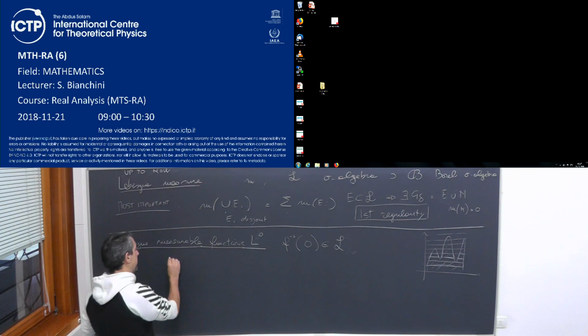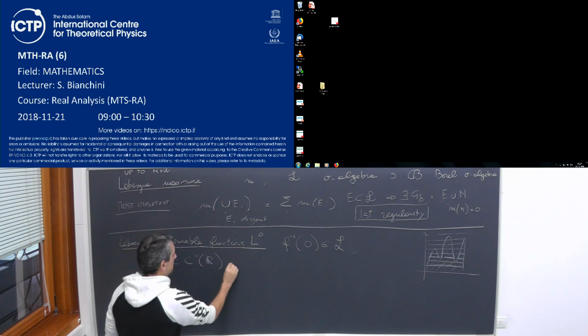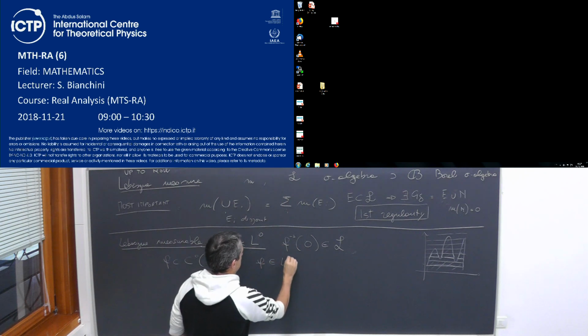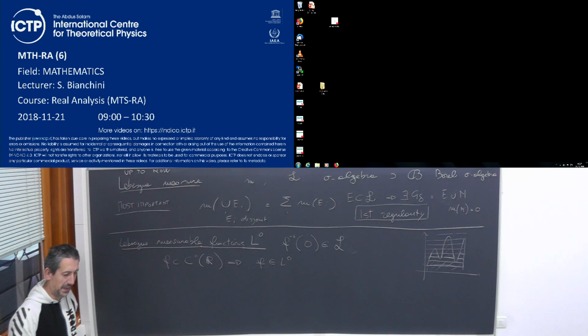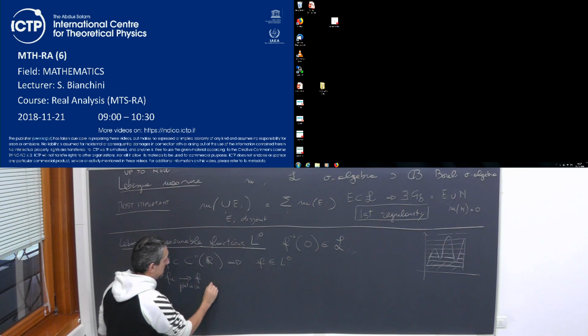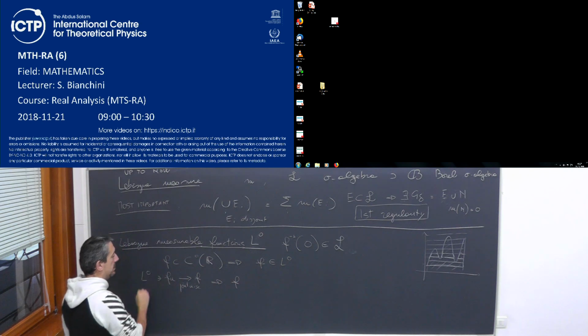So now you decode it. If f is continuous, then f is in L0. So at least the continuous function is fine. Then you discover something more: if fn converges to f pointwise, and fn is in L0, then f is in L0.